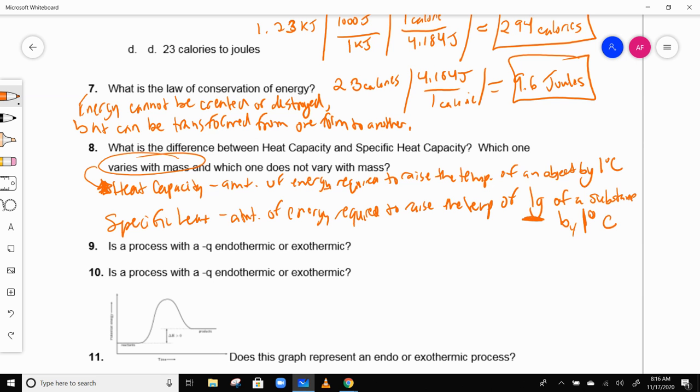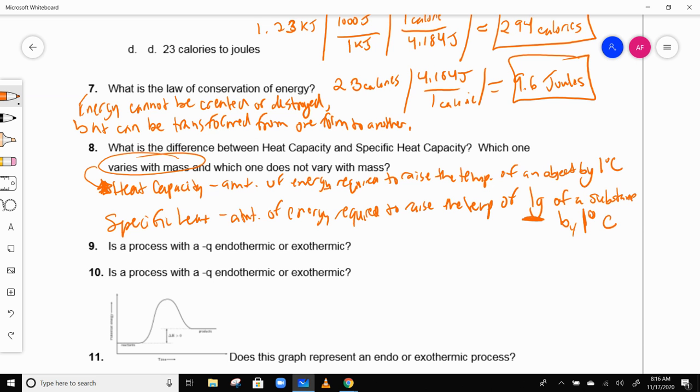So for specific heat, mass doesn't matter. Specific heat is a property of a type of matter. It doesn't change as the mass changes.